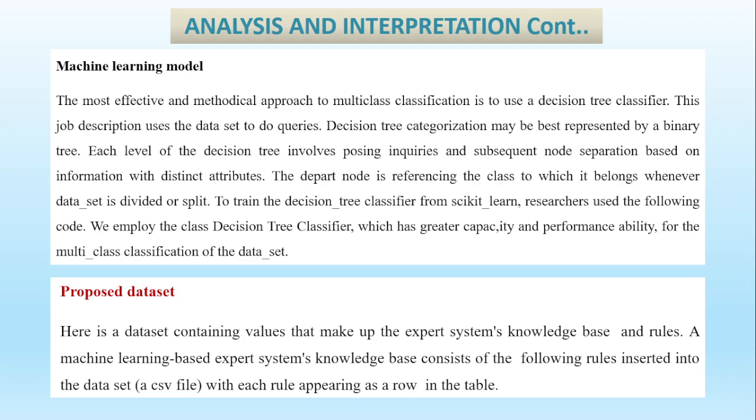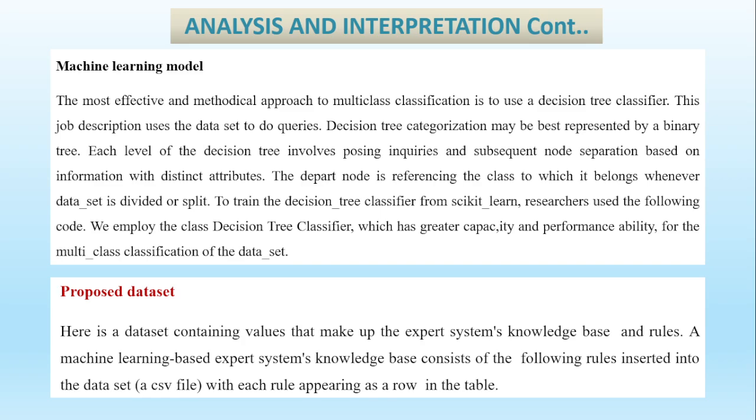Now we are discussing the machine learning model. The most effective and methodical approach to multi-class classification is to use the decision tree classifier. This job uses the dataset to do queries. Decision tree: what can the decision tree do?